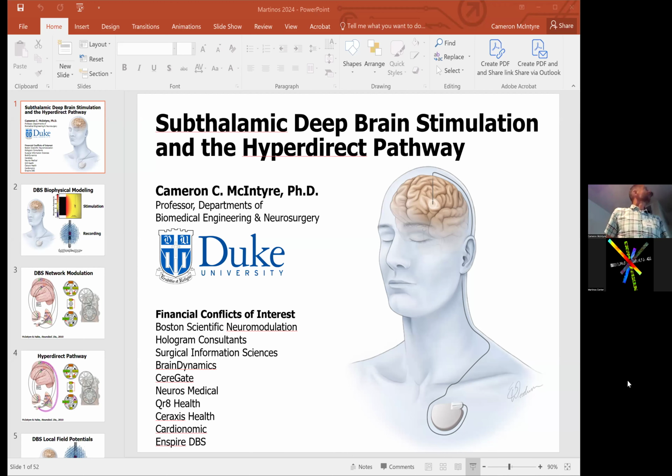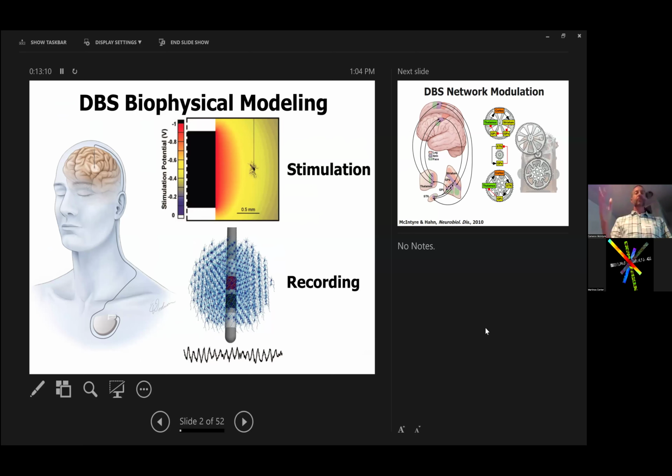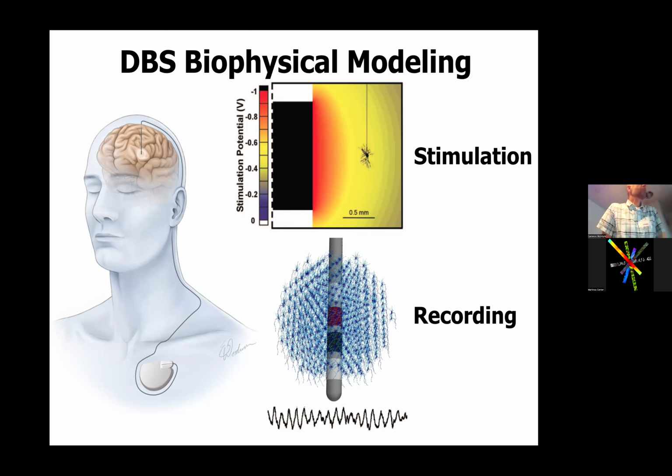My research group has been almost exclusively focused on what I would call deep brain stimulation biophysical modeling for quite some time, and I break that down into two different categories of modeling. When we think about deep brain stimulation, you think about stimulation. So you're applying an electric field from an electrode. That electric field is polarizing a neuron, and then we want to understand how the neurons respond to the stimulation.